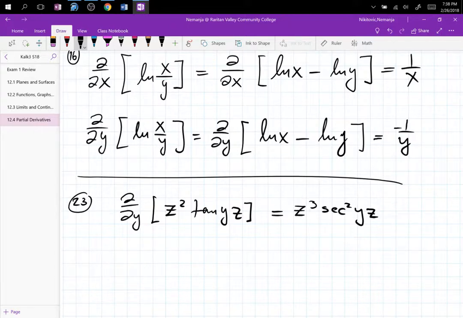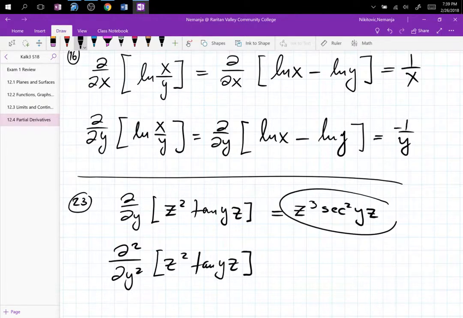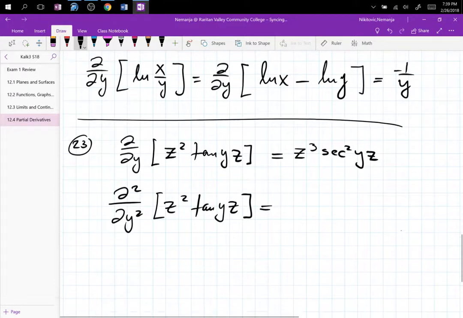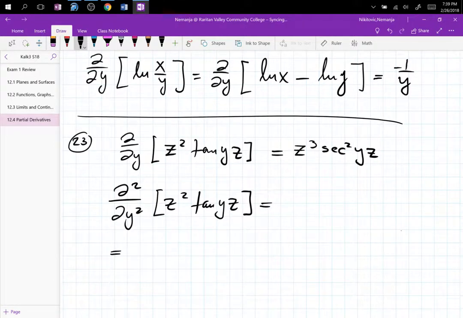How about the second partial derivative? Why not? You have already the first. So how about the second partial derivative of z squared tangent yz? That means you have to take another derivative of this now. And that's going to be lots of fun, because you have more partial derivatives coming up.